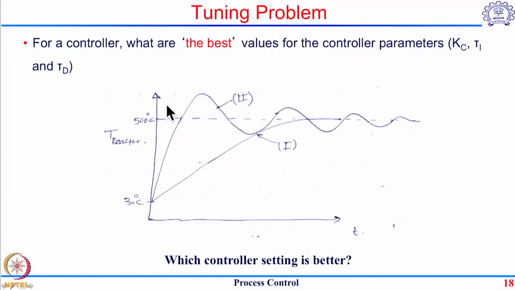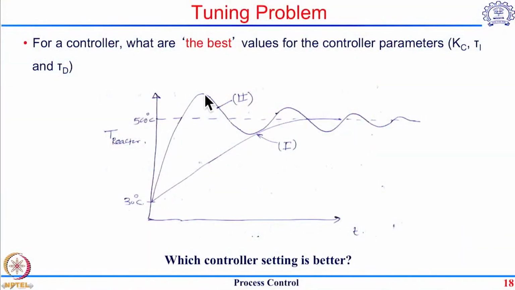The way it can be detrimental is either the catalyst gets degraded or there is a reaction selectivity problem: at 510 degrees, some undesired product gets selectively produced, so your yield for the product goes down. So if that is the case, I would always want to ensure that my temperature inside the reactor never crosses that value, or I would not want such a high offset or high overshoot above the set point value.